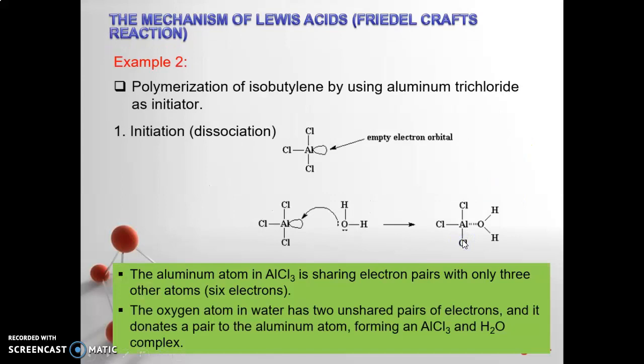Okay, this is example 2, which is polymerization of isobutylene by using aluminium trichloride, AlCl3. Okay, we look at the first step, which is dissociation. So the previous one was BF3, this one is AlCl3, the step is the same. So the aluminium atom in AlCl3 is sharing an electron pair with only 3 other atoms.